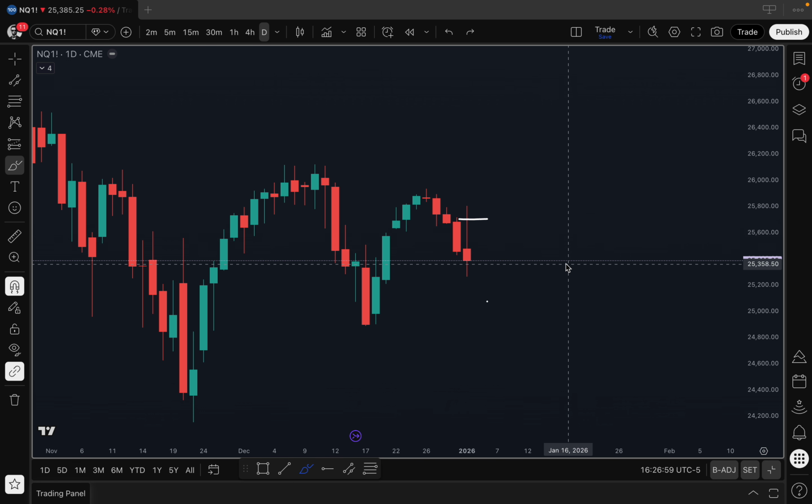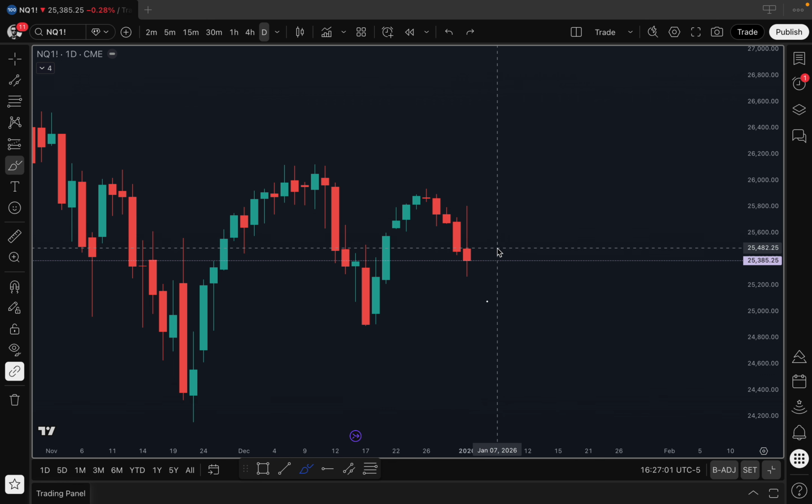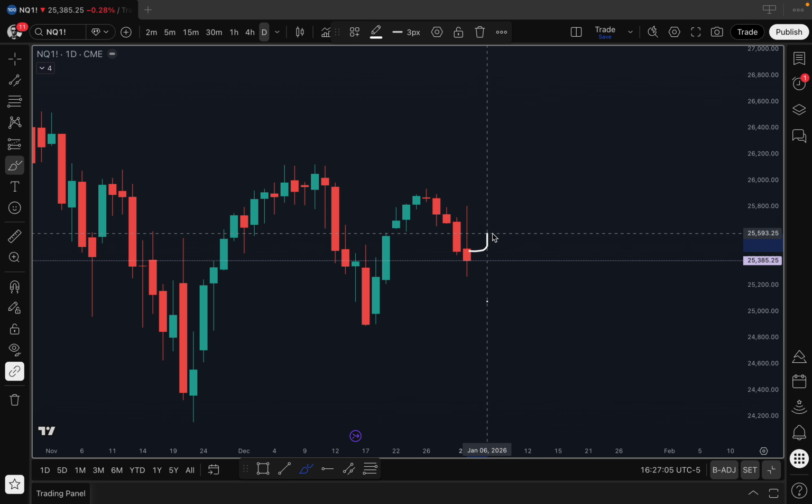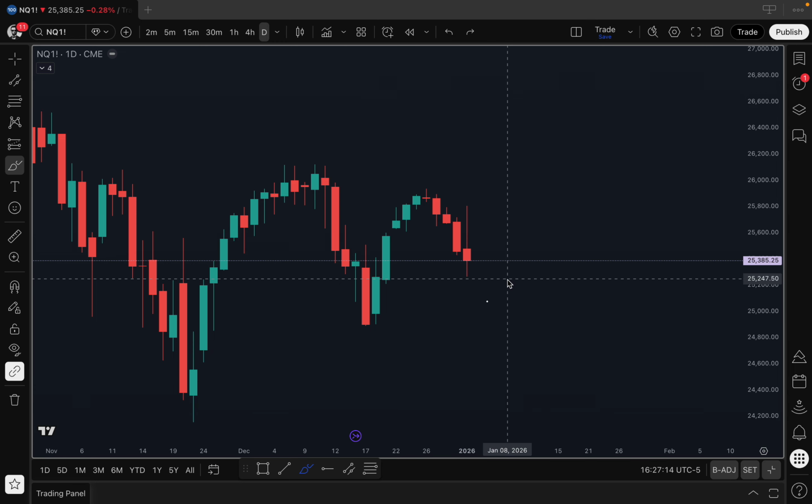At some point, this candle will probably go up a little bit and potentially go to this area. At some point, we actually have to fill. So when we talk about engulfing candles, this is a little cheat code that you can use to your advantage.